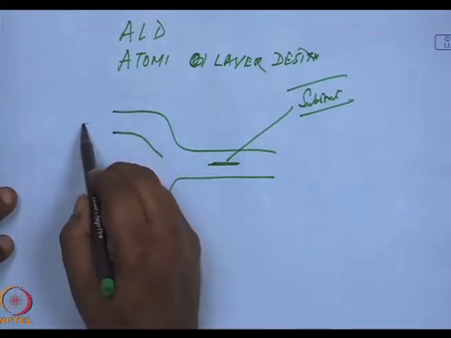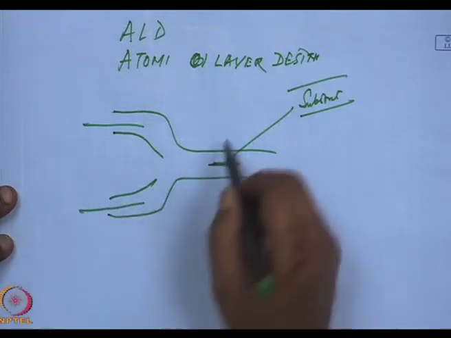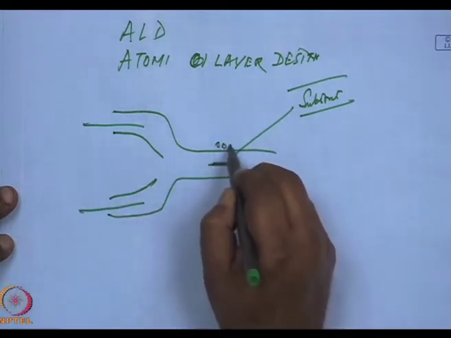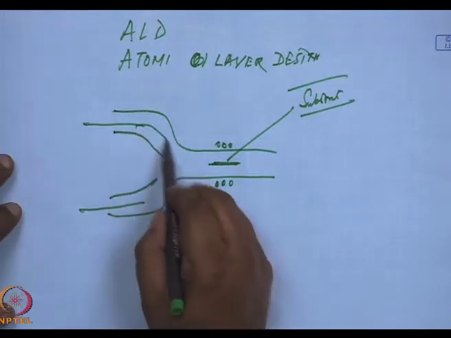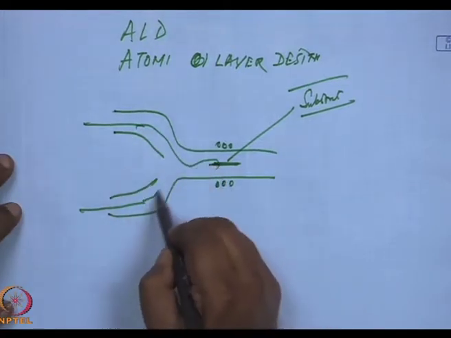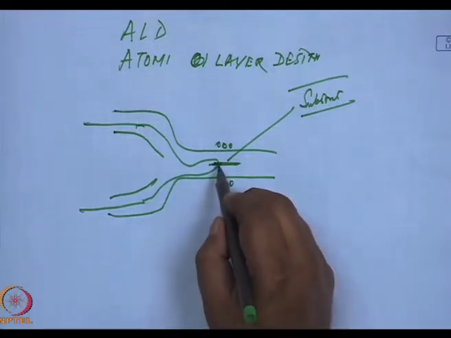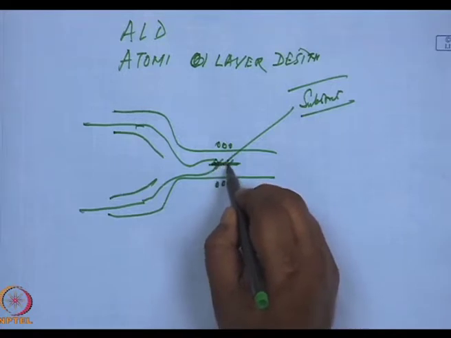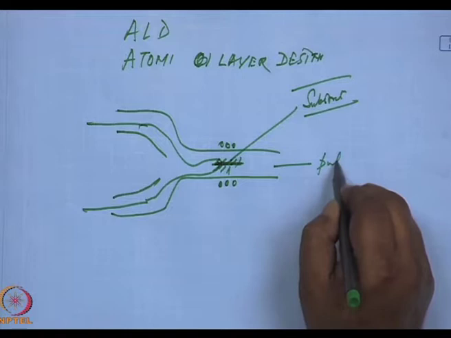The vapor pulses are pushed through here. This is the heater, inductively coupled heater, and they reside on the heated substrate, leave behind a deposition layer, and then it is pumped out.